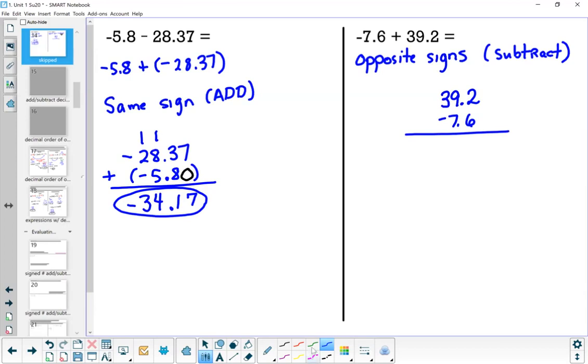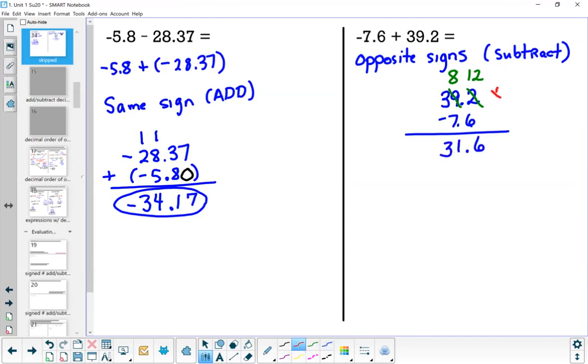Up, need to regroup. All right, so now we have 12 minus 6, 6 decimal point. All right, 8 minus 7, I get 1. And then 3 minus 0, I get 3.